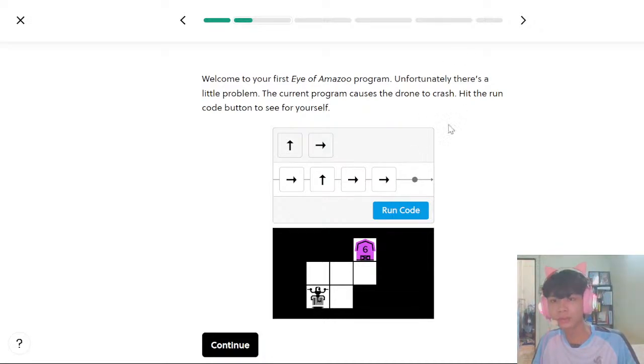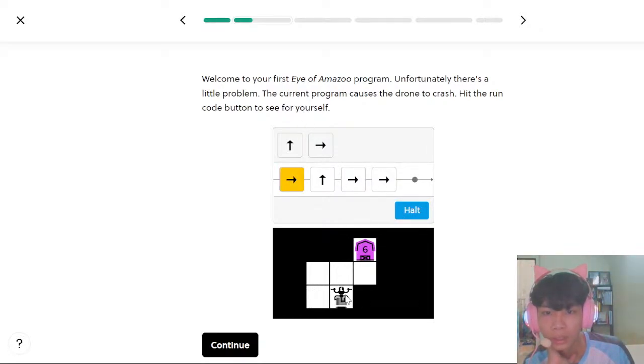Unfortunately, there's a little problem. The current program causes the drone to crash. Hit the run code button to see for yourself. Super easy.